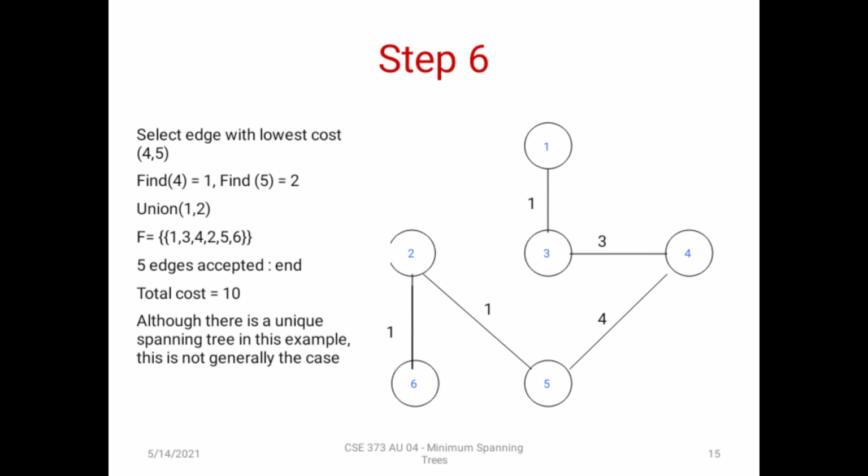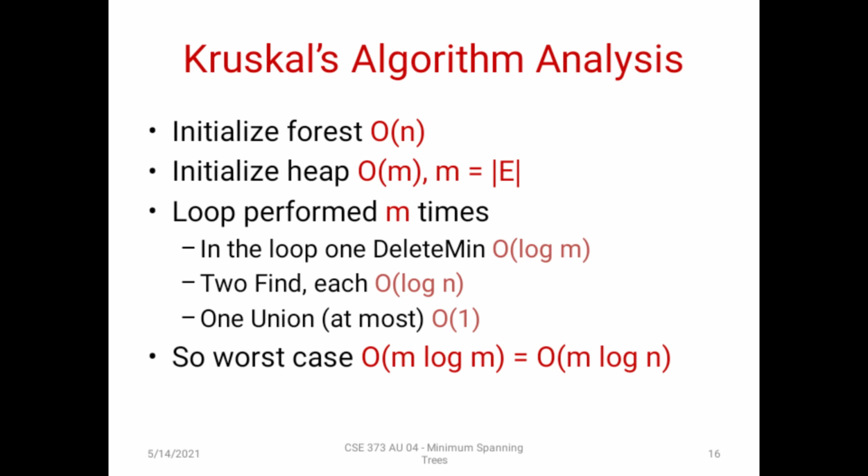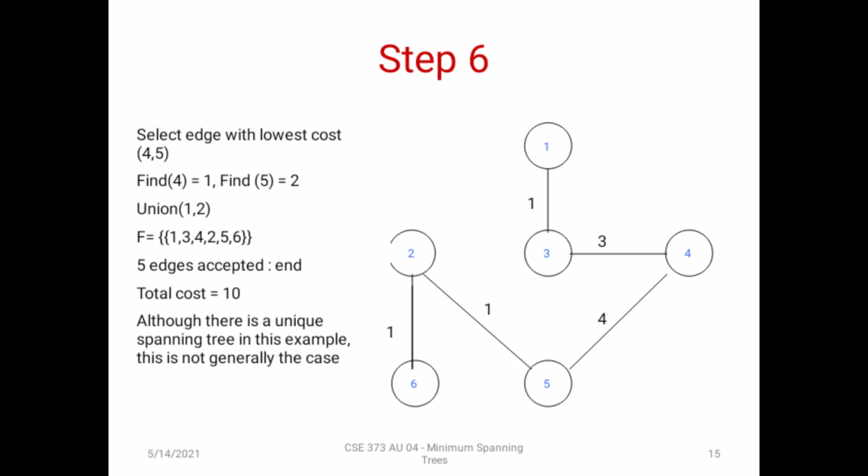Next you are choosing 4 to 5, whose cost is 4. Finally you have got the minimum cost spanning tree. The total cost of the spanning tree is 1, 2, 3 is 1, 3 to 4 is 3, 4 to 5 is 4, 8, 9, 10. The total cost of the spanning tree is 10.